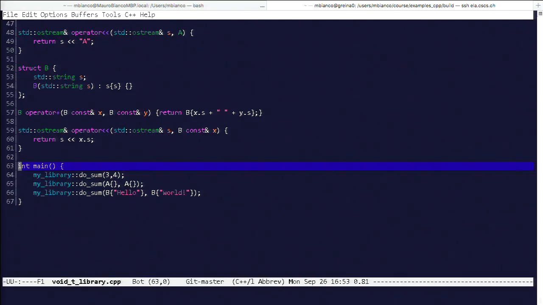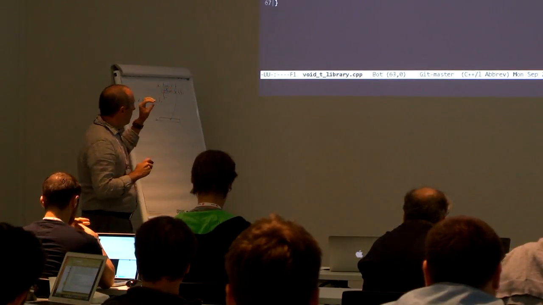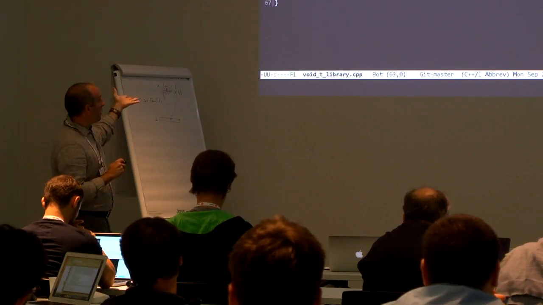Alternatively, you can do using namespace my library, and then everything will be fine. But this is the idea. So when you define a library that does something, you encapsulate it into a namespace, and you encapsulate into another namespace inside your library something that the user should not be concerned of. And that's the only API you want to expose.